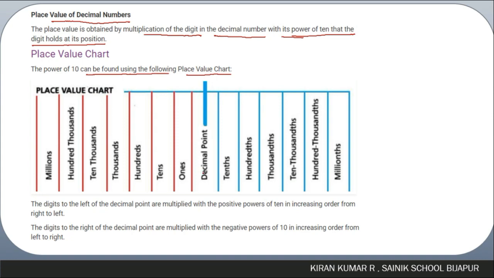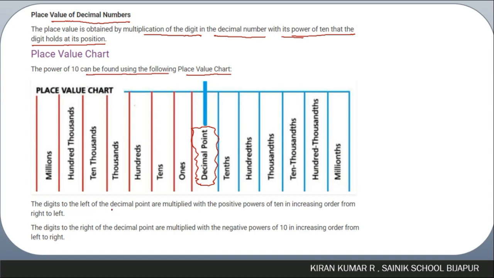You observe here there is a decimal point. Towards the left of the decimal point, we have the place values like ones, tens, hundreds, thousands, 10,000s, 100,000s, millions, etc. Towards the right side of the decimal point, we have tenths, hundredths, thousandths, 10,000ths, 100,000ths, millionths.